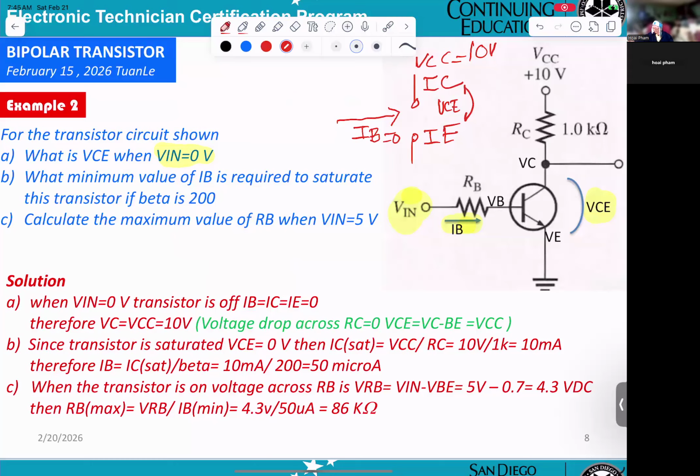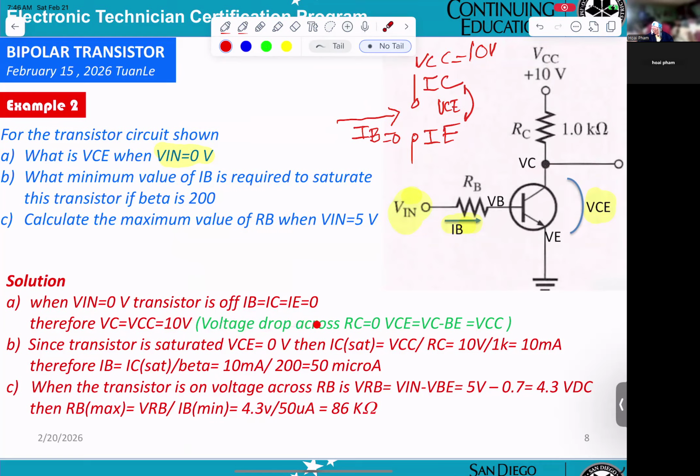When you get an open right here, the voltage of 10 volt is here, the same voltage at VC. That's why VC equals VCC equals 10 volt.